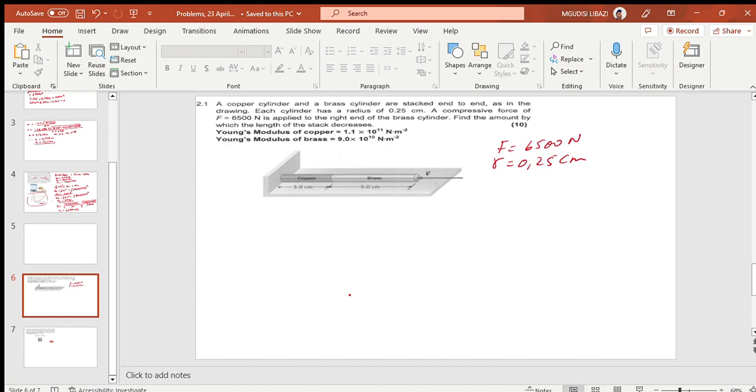And then they are saying a compressive force of 6,500 is applied to the right end of the brass. That means here we have a brass, and then here we have copper, and then the force is on the right end, and they're saying find the amount by which the stack decreases.